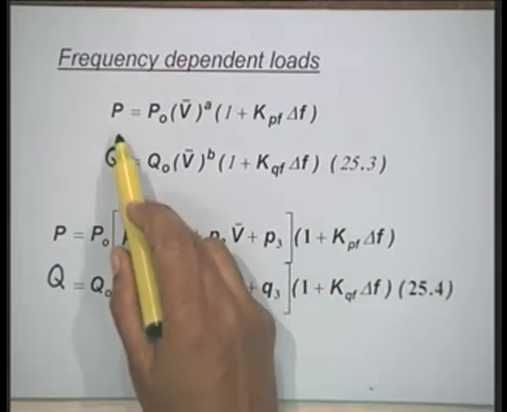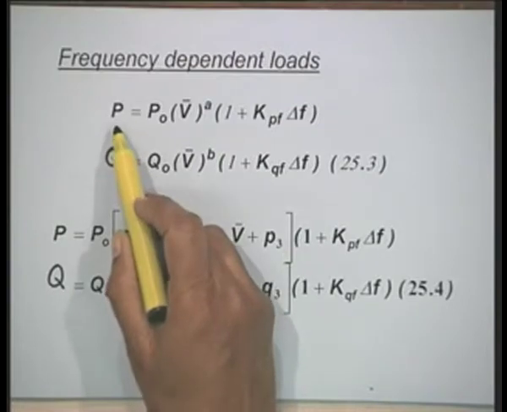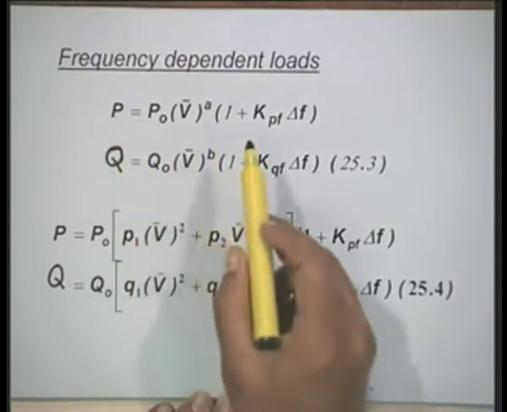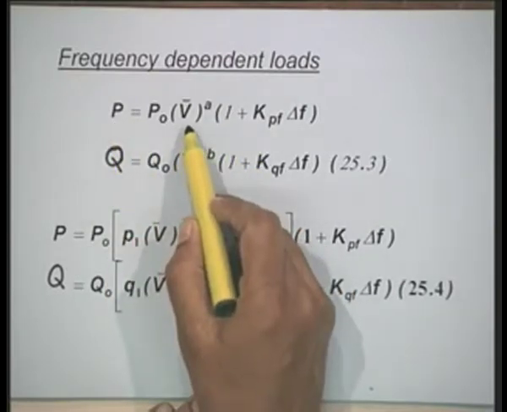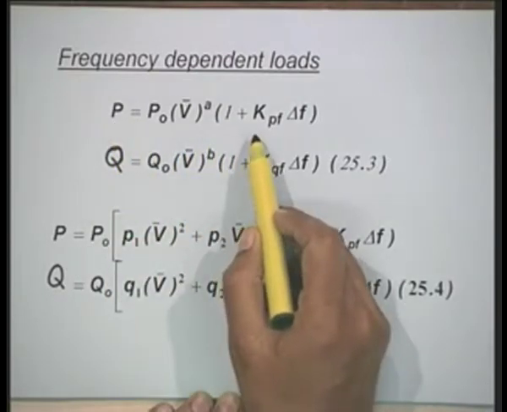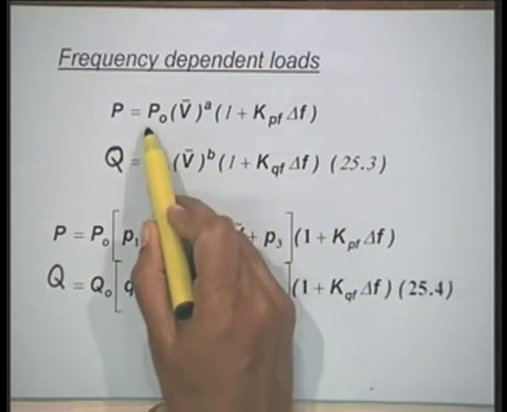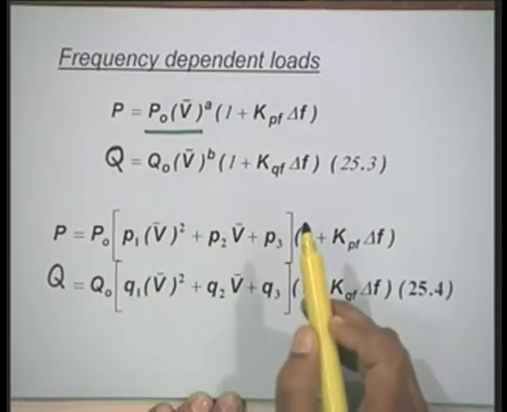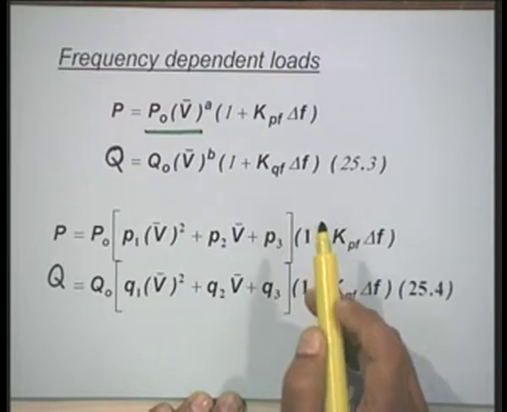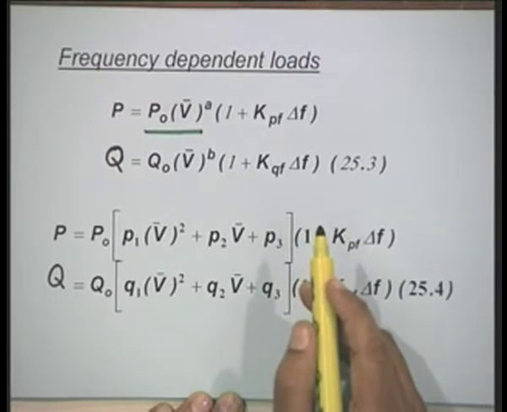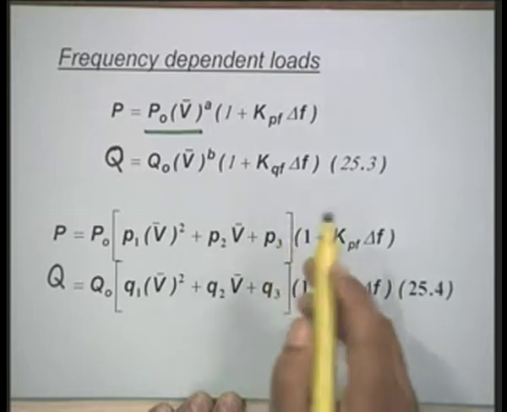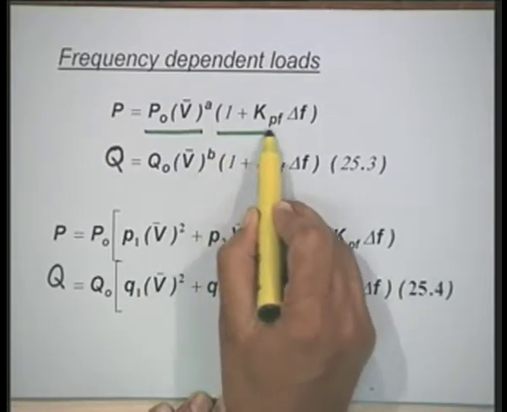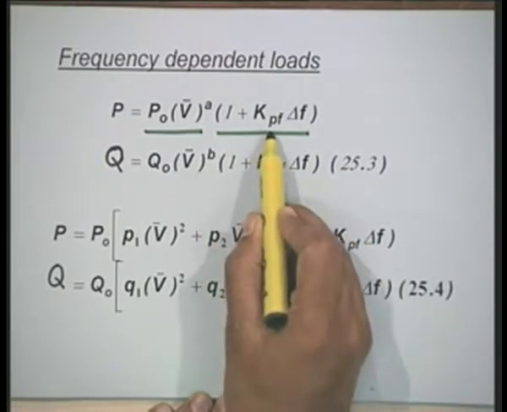Now, this equation which is shown here shows the variation of real power consumed by the load with the variation of magnitude of voltage as well as frequency. That is, I consider this general equation to represent the real power variation with magnitude of voltage, and I multiply this expression by the term 1 plus Kpf into delta f.